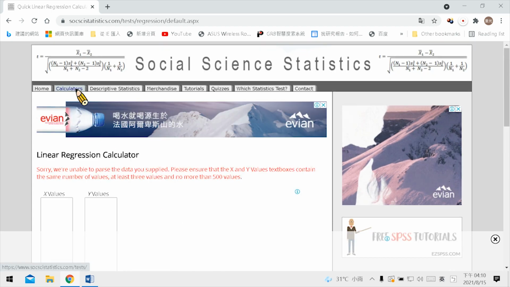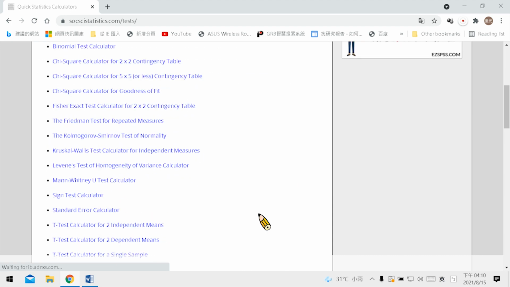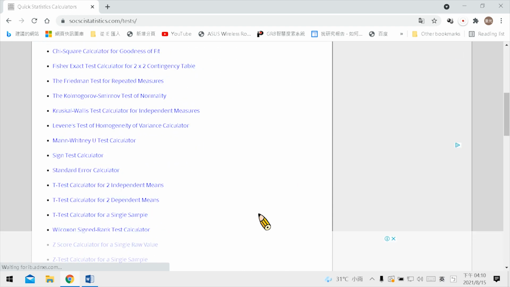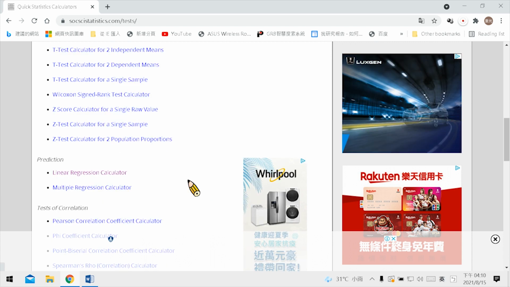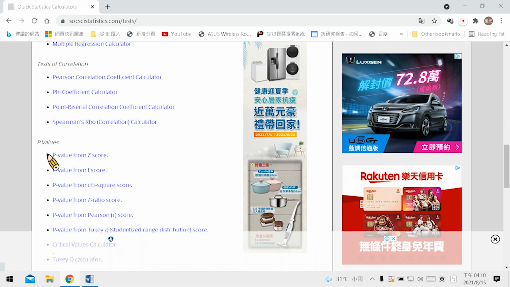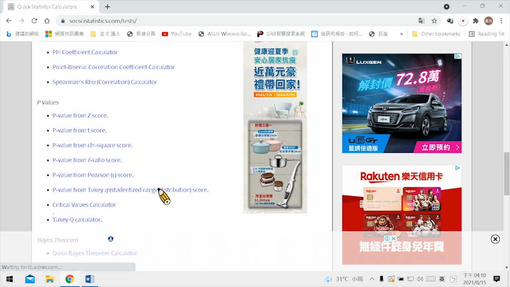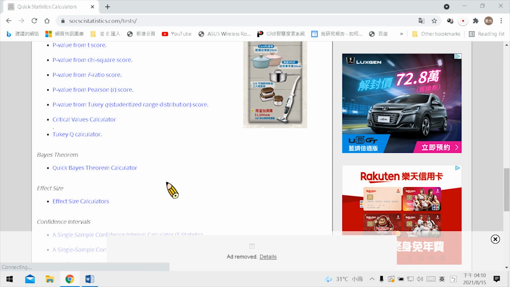And if you have SPSS, you don't need to do it, but I just told you there are some tools you can use, like the p-value, okay, and the Pearson score is kind of the formula, okay.